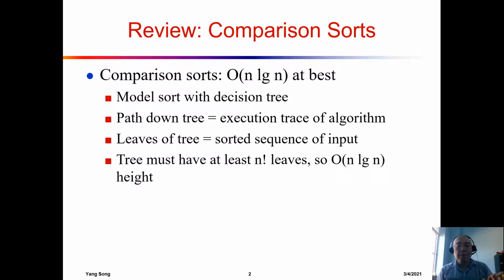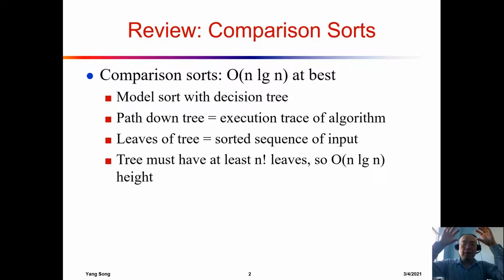It doesn't matter what the strategy of doing the pairwise comparisons is, or how we design the iteration or the recursions to do the comparisons. We are doing comparisons anyhow, and as long as we are doing pairwise comparisons, we can create a tree structure.